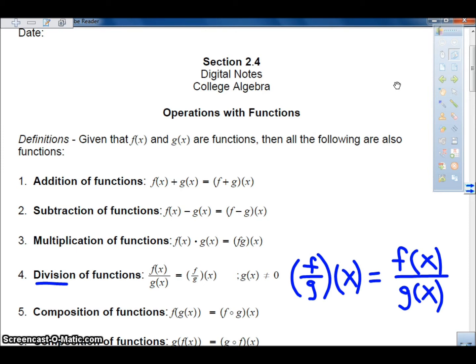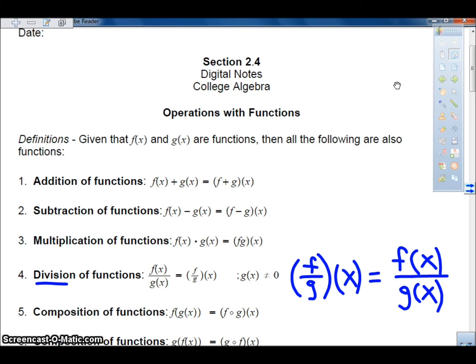But for the four that we've just talked about, the big punchline here is not so much that you can do these things with functions, because, why wouldn't you be able to do it? If you want to do it, you could do it. But the big deal here is that when you do these operations with functions, you are guaranteed to have another function. So if I decide to divide two functions, if I take f of x and divide it by g of x, I don't have to vertical line test that result.